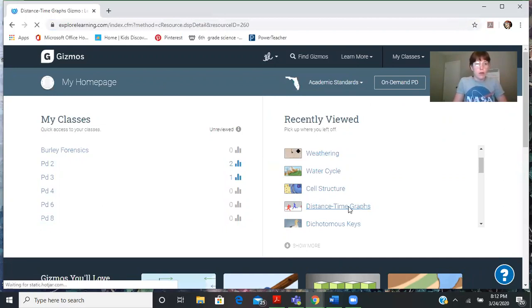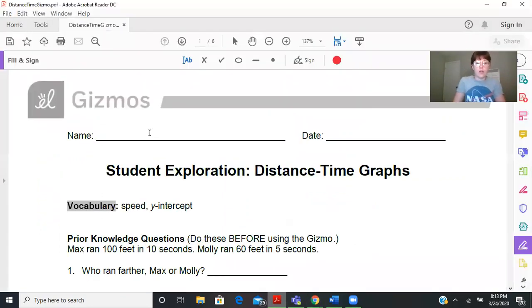So let's wait for this bad boy to load. In the meantime, let's go over here and make sure our name is on it. I would prefer if you guys use a color other than red so that the red shows that it's my copy, but don't use yellow. You can use blue, purple, anything like that, just not a dark color.